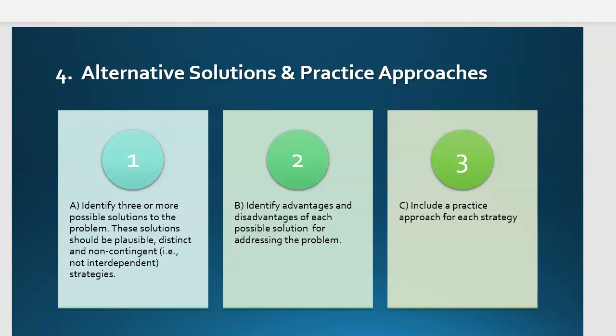So 3 or more means that these solutions need to be plausible. In other words, you can really implement these solutions. Each solution needs to be distinct and non-contingent, which means that it can stand alone. It's not dependent on another strategy or solution that you've identified.